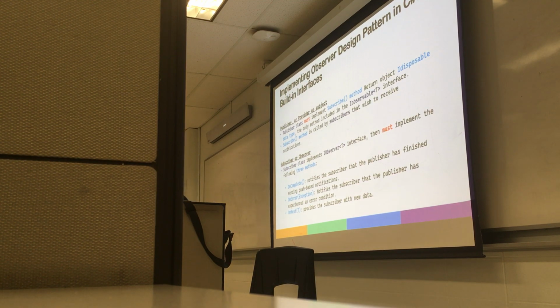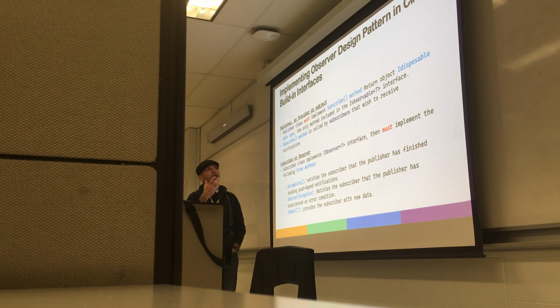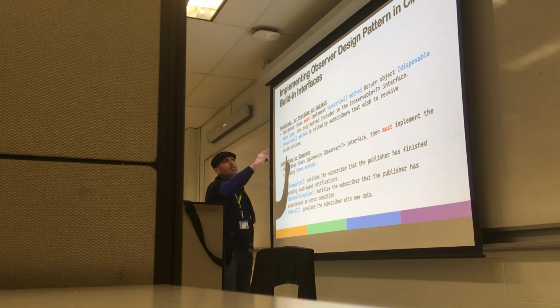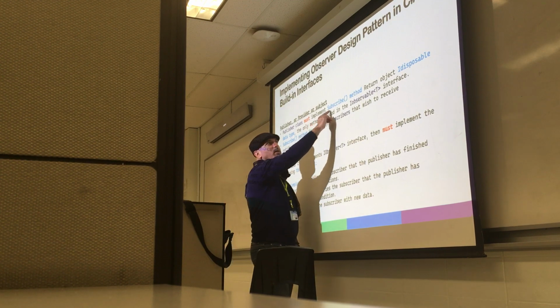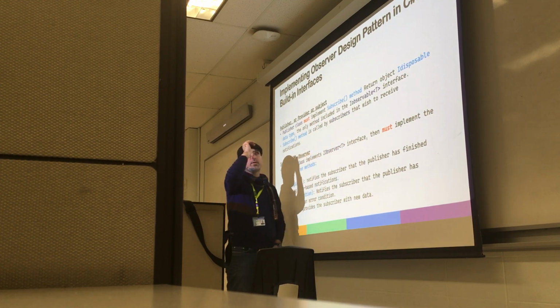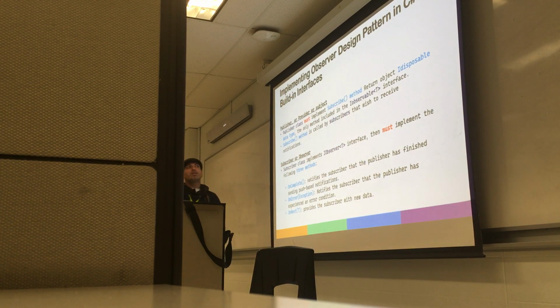So inside the publisher or provider class, when we want to implement IObservable, the public class must implement a method inside this interface called Subscribe. This Subscribe returns a disposable object from IDisposable.